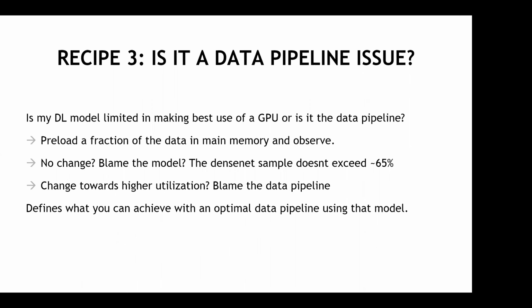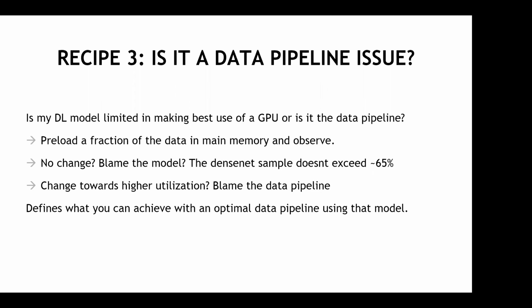When you think your data pipeline is the issue, my typical reflex is I make an empty numpy array or a random placeholder, and I feed this straight into the model. So basically, I cut off the data loading, and that is a very easy way to understand if the data pipeline is an issue.